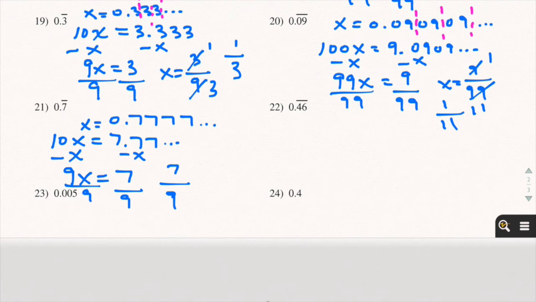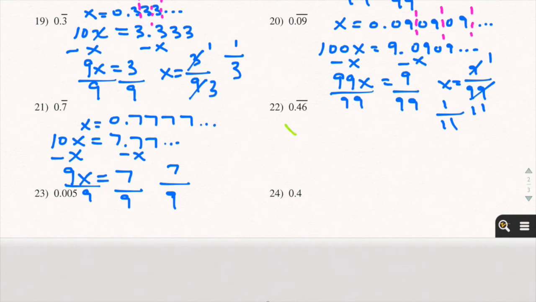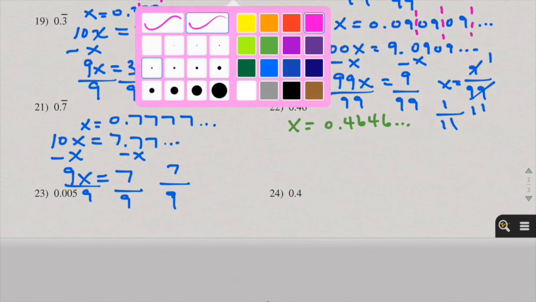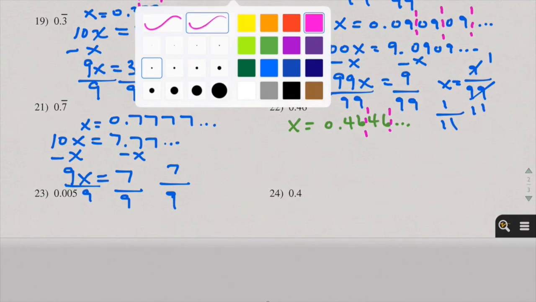Okay, number 22. I'm going to do this in a different color so it doesn't mesh with number 20. So we get x equals 0.4646 repeated. Because the repetition is every 2 values, we're going to multiply by 100x.